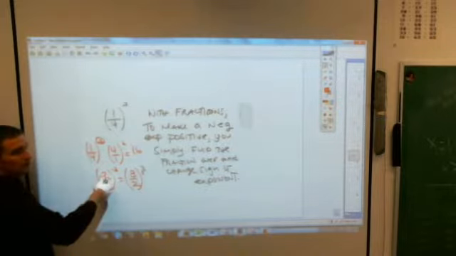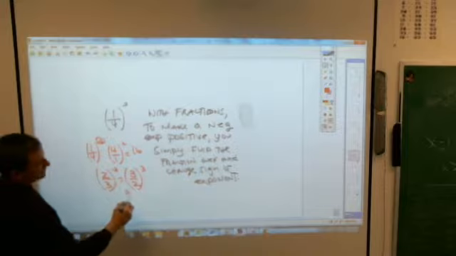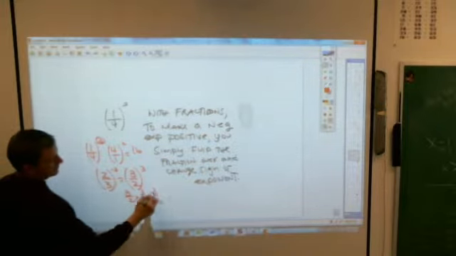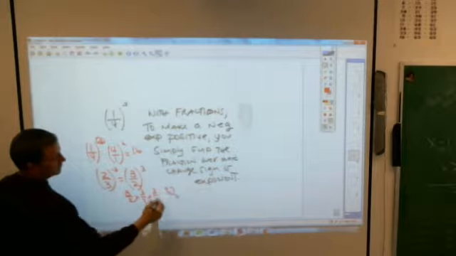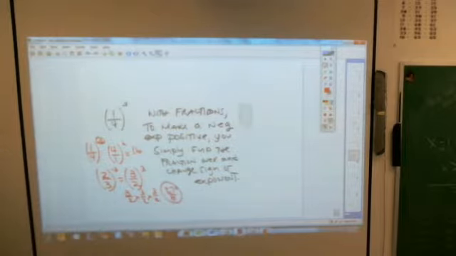You flip the fraction over, the sign becomes opposite on its exponent. And what is 3/2 times 3/2 times 3/2? Well, 3 times 3 times 3 is 27, and 2 times 2 times 2 is 8. 27 over 8. It's a pretty simple little fix there.